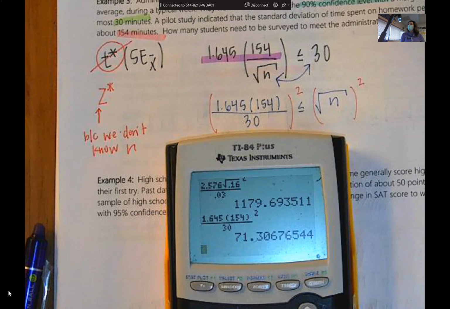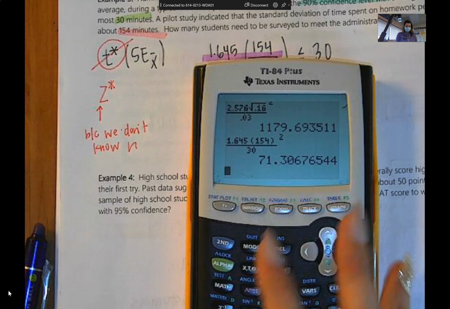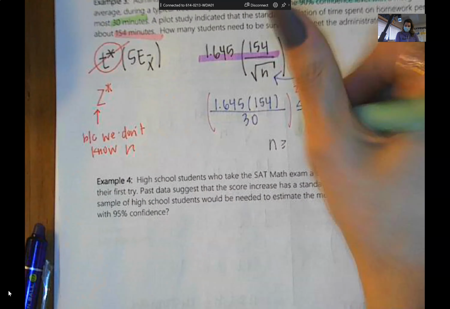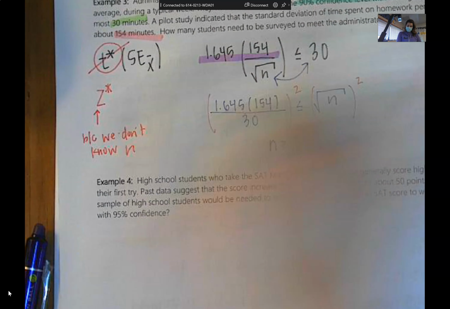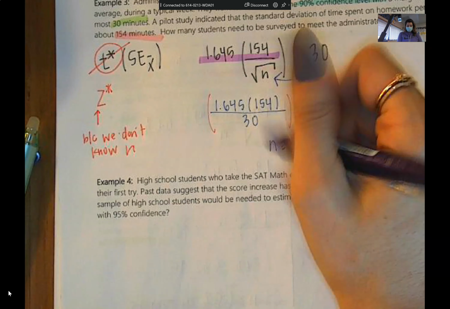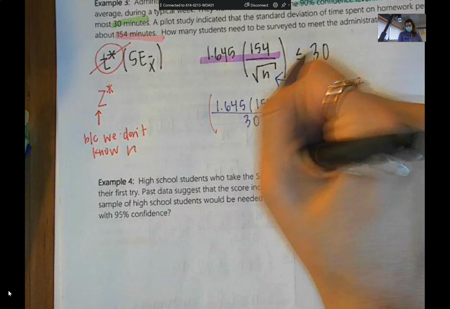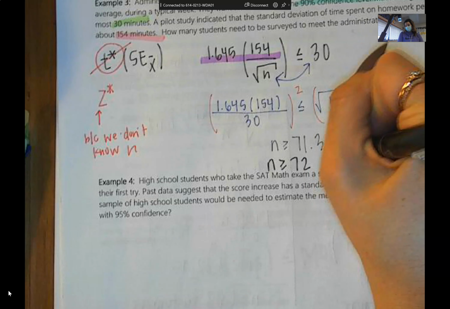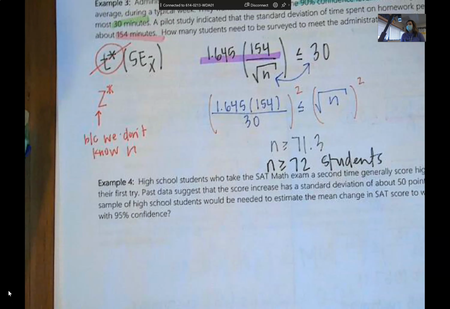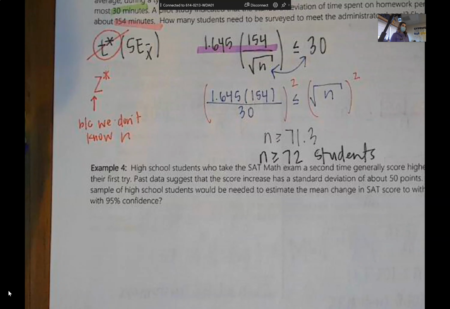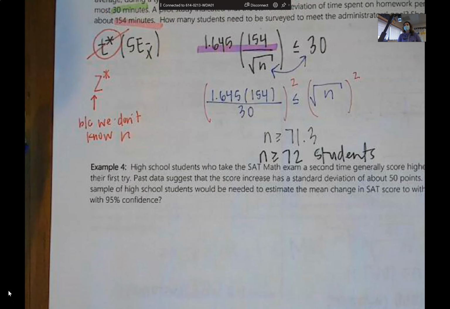I get 71.3. So I need to have at least 72 students in my survey. If I want to know the amount of time that students spend on homework per week, and I want to be within 30 minutes of the true value, I need to ask at least 72 students.